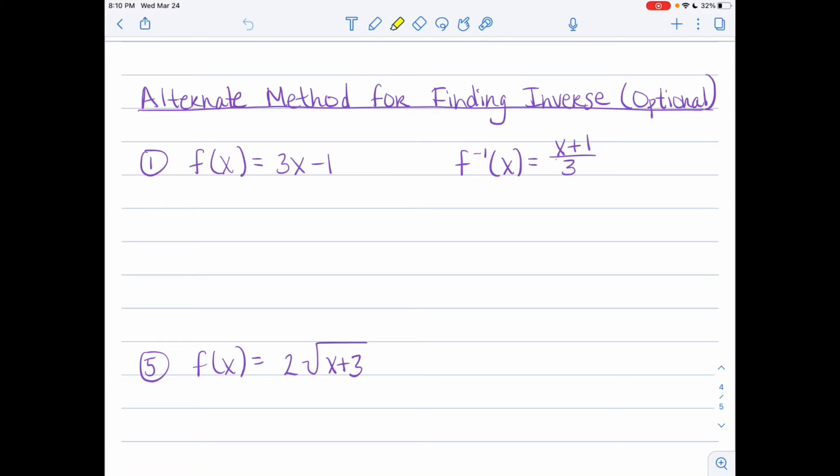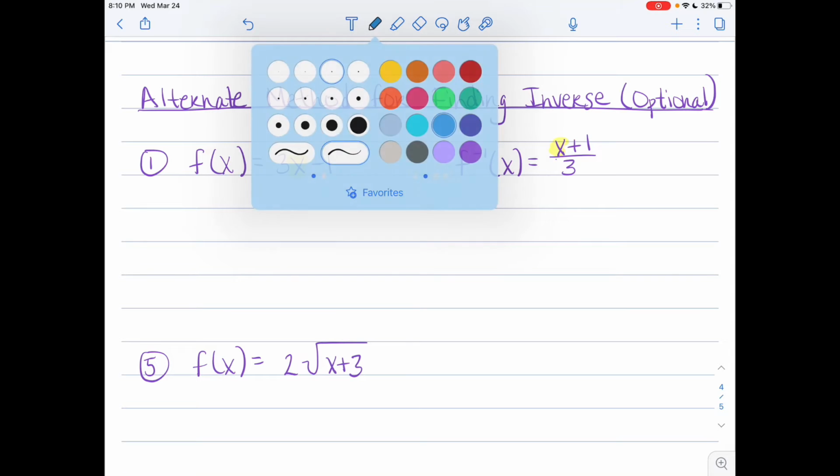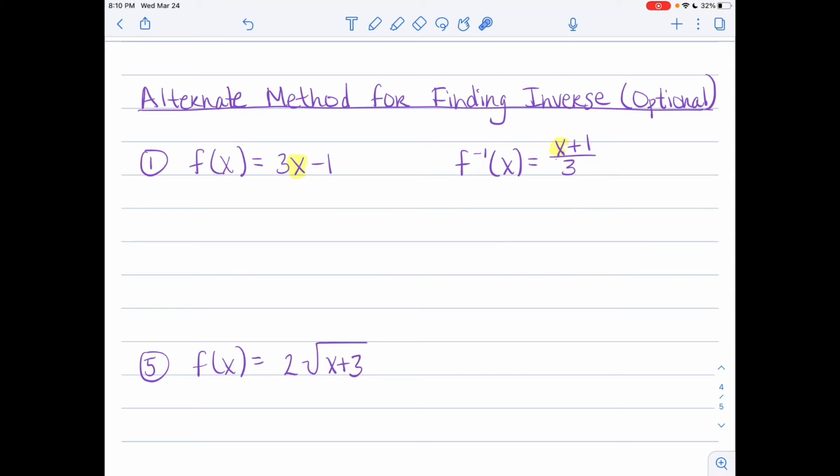So first, what we want to do is focus on the x in both of these functions. And once we look at x, I want to state what has been done to x. So the first thing that's been done to x is that I've multiplied it by 3. So multiply by 3.